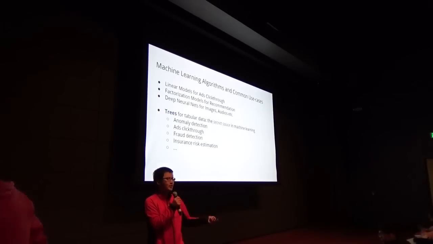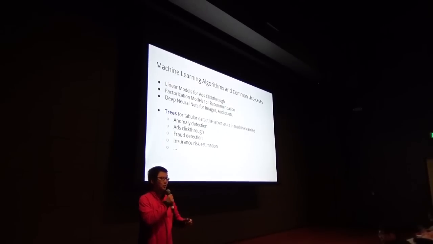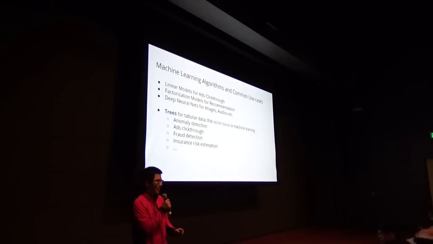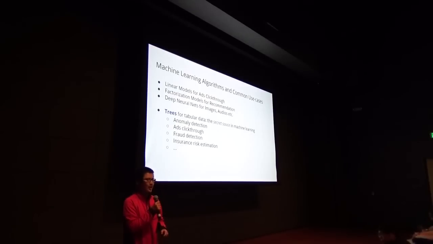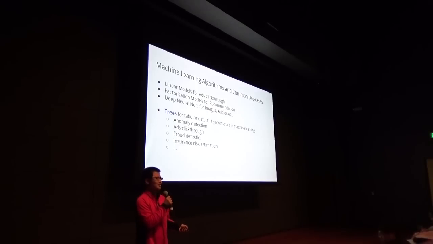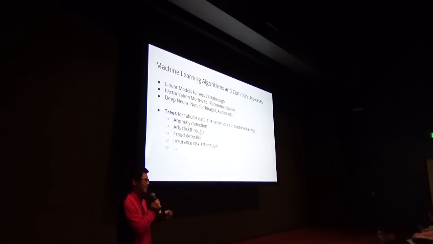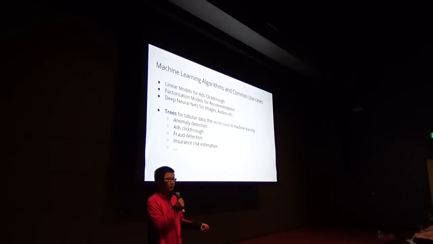If you think about recommender systems, there's a type of model called a factorization model, where you map all the users and items into a latent space, and you can use it to do recommendation. And nowadays, you have heard about this deep learning trend. They can recognize your images and generate audio and do all those magical things that you heard about. Deep learning is yet another type of machine learning algorithm that can be used in production.